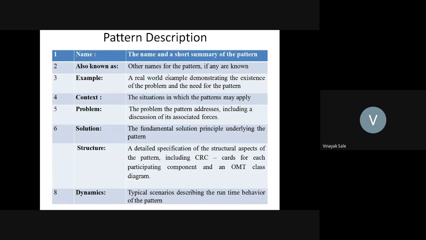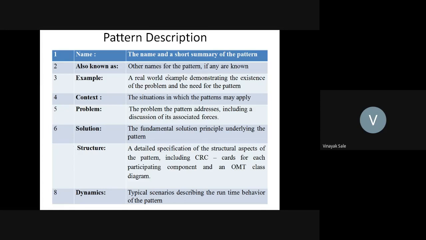Then context, the situation in which the pattern may apply. Then problem, the problem the pattern addresses, including a discussion of its associated forces. Then what is the solution regarding that problem? The fundamental solution principle underlying the pattern.